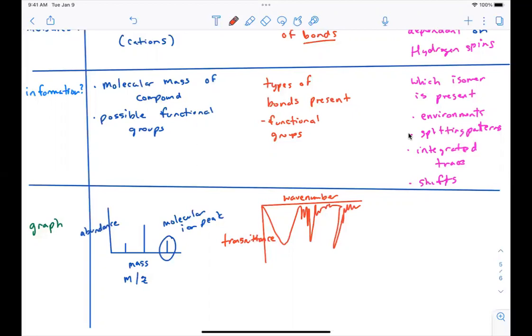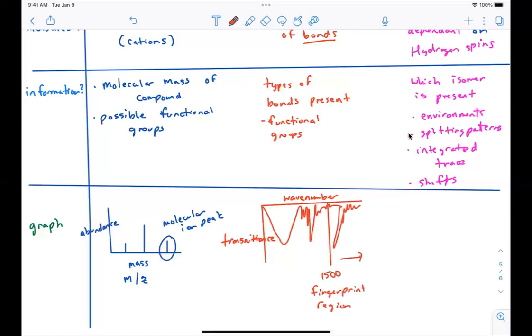Now, remember, there is a section that's 1500 or less that is very kind of muddled. Do y'all remember what that's called? Identity? No, there's the fingerprint region. Yeah. So it's called the fingerprint region because no individual peak is useful, but the overall pattern is useful, like your fingerprint, right?